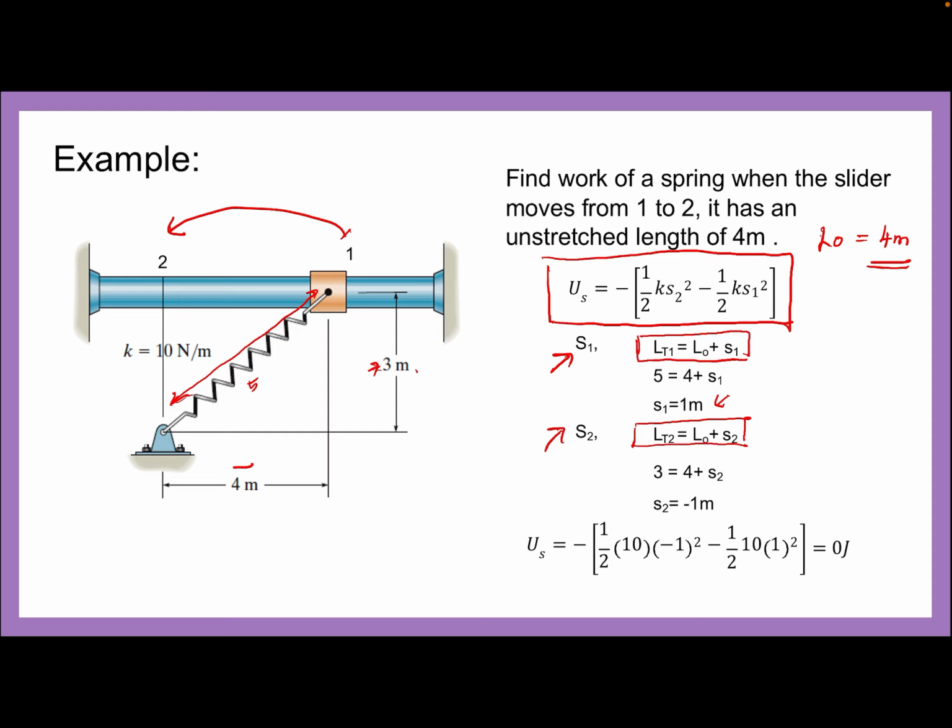So LT2 is when the spring is at 2, and LT2 is 3 meter. Substitute and you get the answer for S2. After that, just substitute into the equation, and you will get 0 joule.